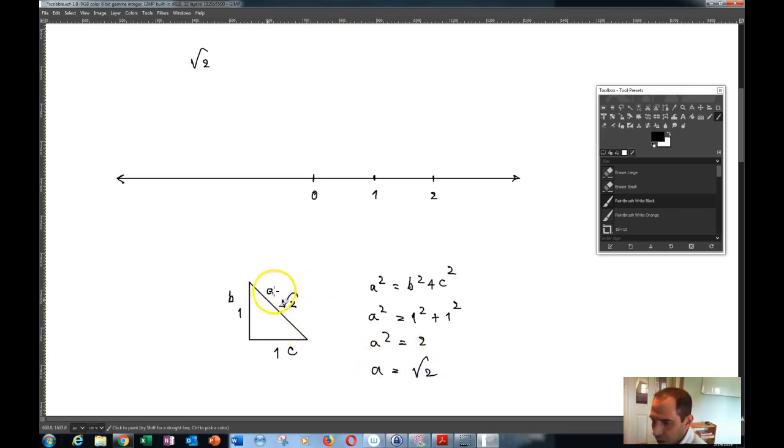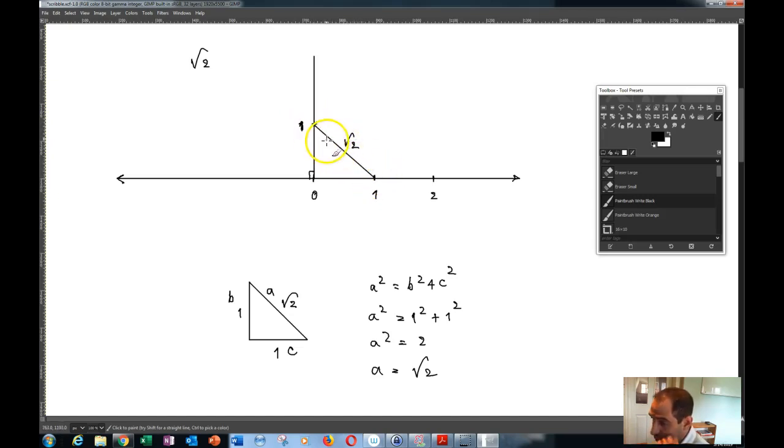So then this length becomes the square root of 2. So what that means is that you take 1 unit along this axis and the same distance up here. So this is perpendicular, and the same 1 unit along this line. Okay, and then the length of this hypotenuse is right now square root of 2.